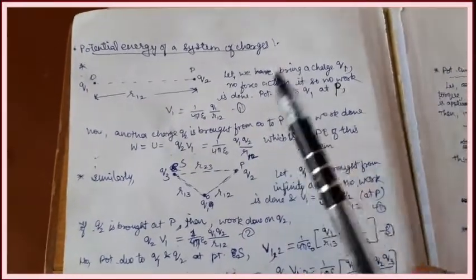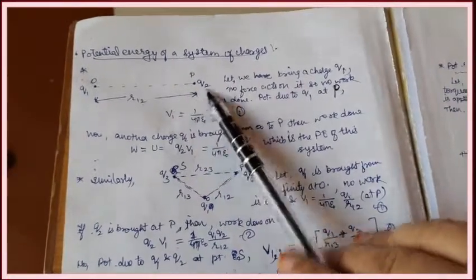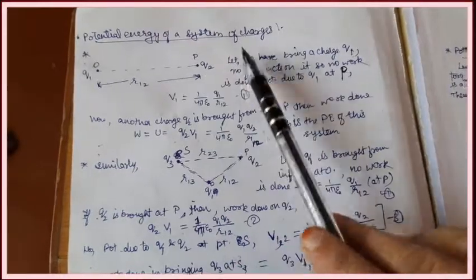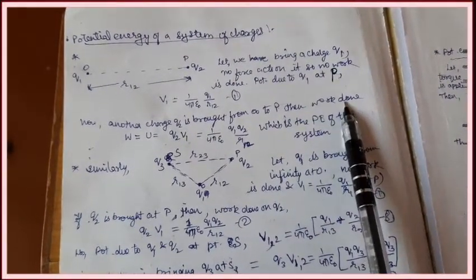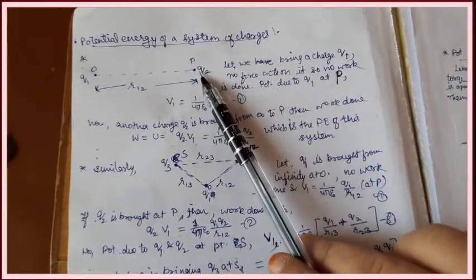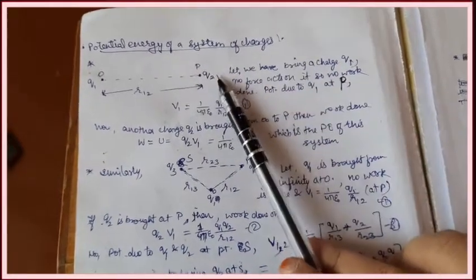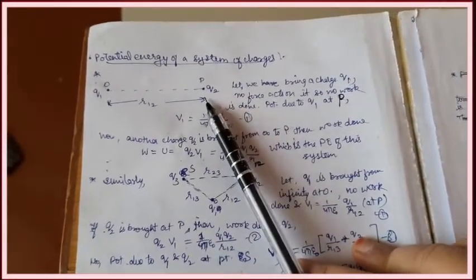Now another charge q2 is brought from infinity to P. That means in the presence of q1 we are bringing q2. So obviously we have to do some work in this case, and the work done in bringing this charge from infinity to P will get stored as potential energy of the system.